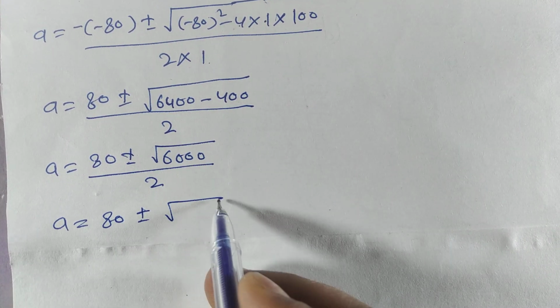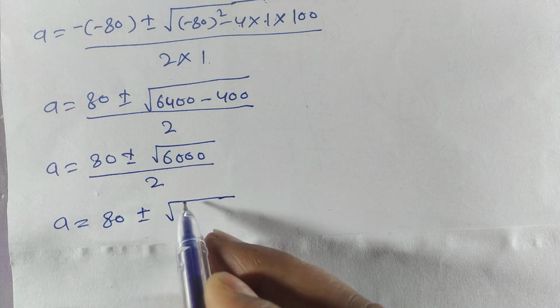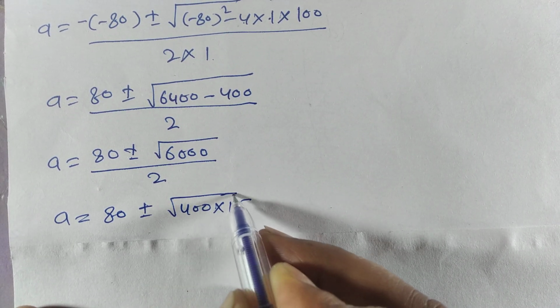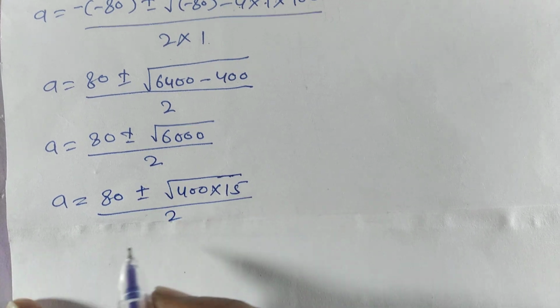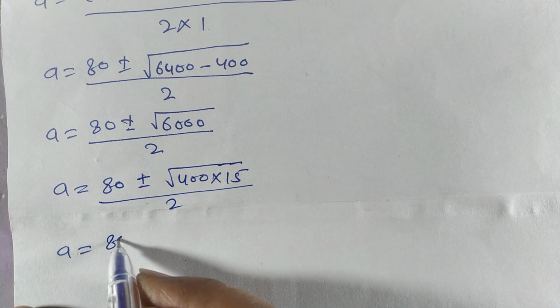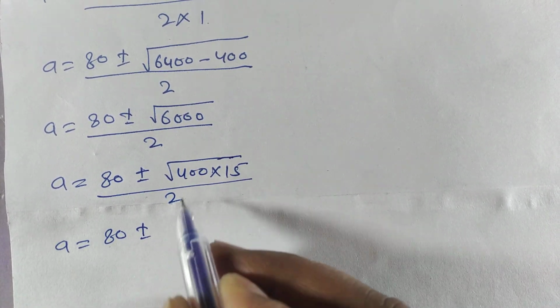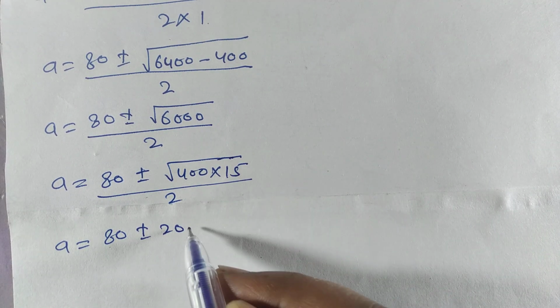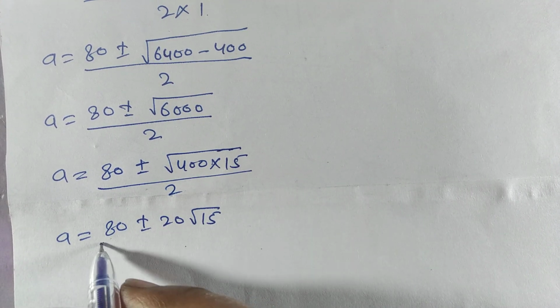It can be written as 400 into 15 over 2. A is equal to 80 plus or minus square root of 400 is 20 and square root of 15, over 2.